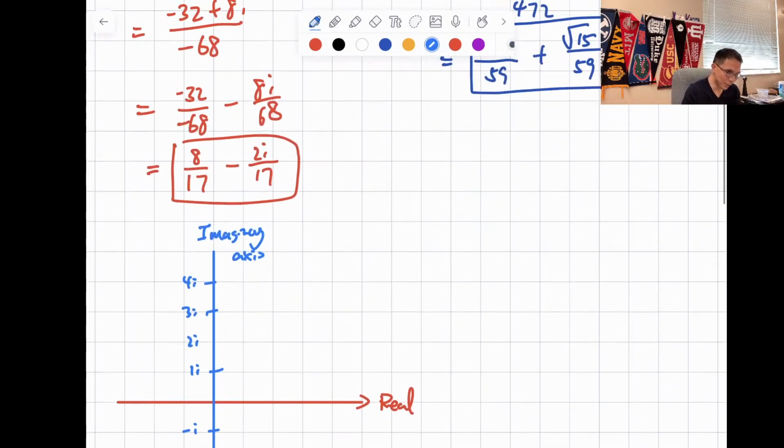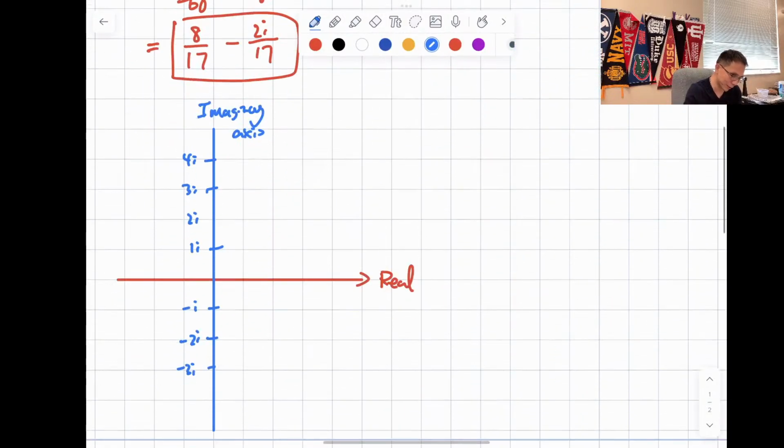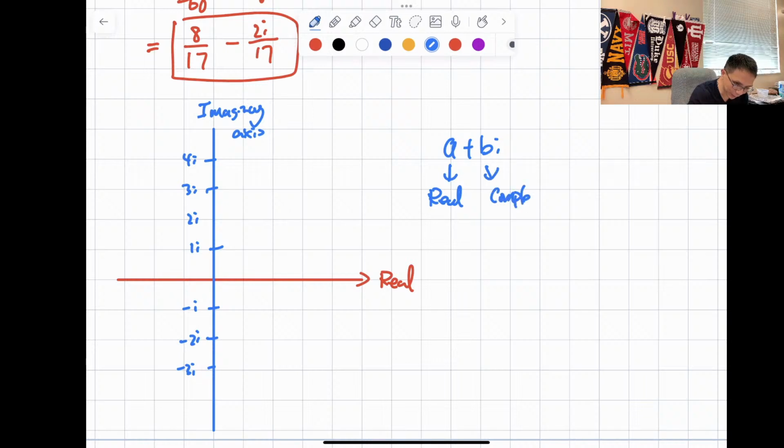Sometimes, for example, you get something like 8i plus 2, or say 3 plus 2i. So it's called a plus bi form. This is called the real part, and this is the complex part.